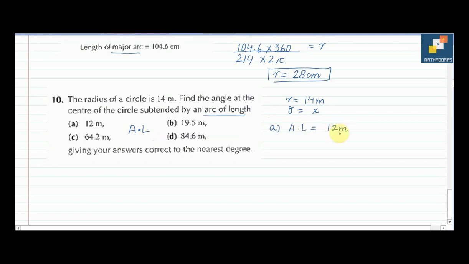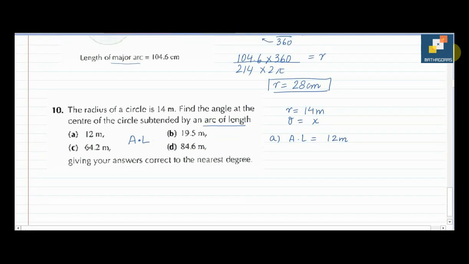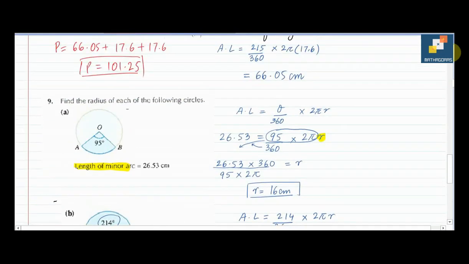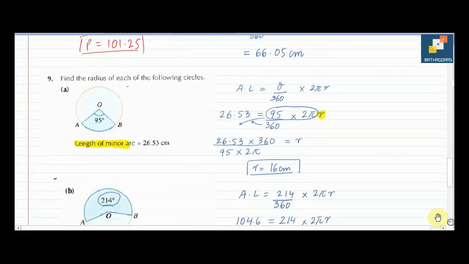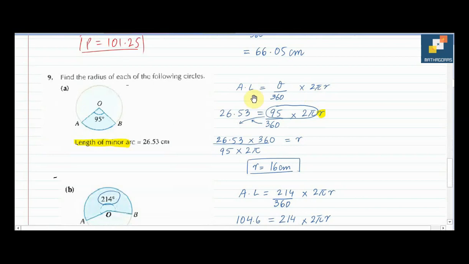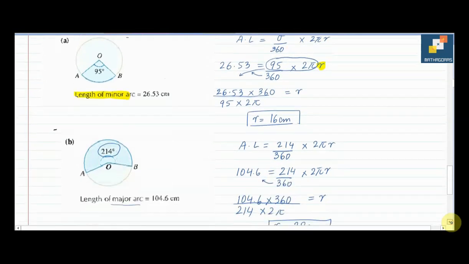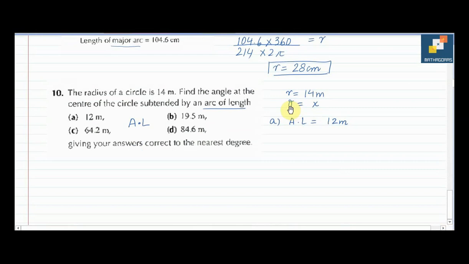Now if you notice in the last 3 questions, what is happening here? We learned how we find the arc length. After that we learned how we find the radius by the same formula, and now we are going to learn how to find the angle. So same working formula with different unknowns, right? So the strategy is the same.